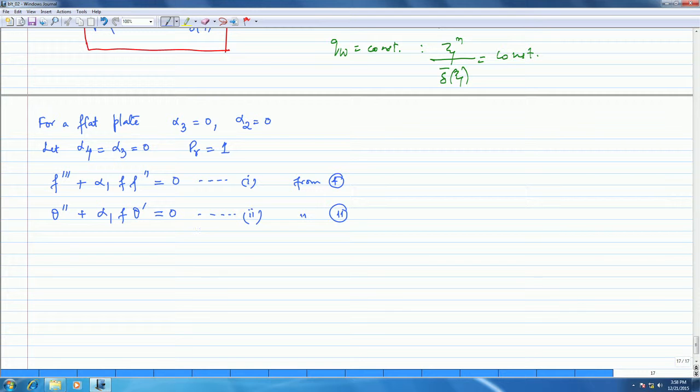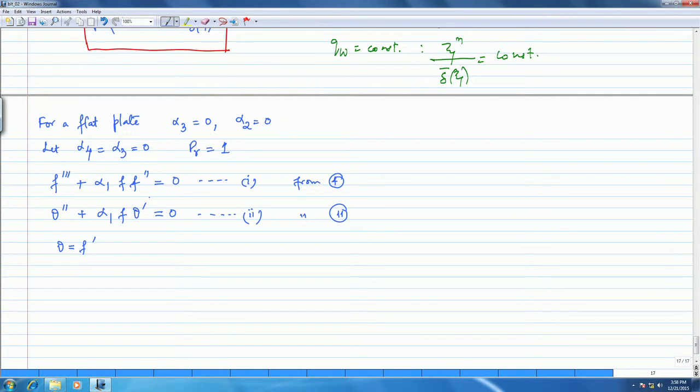From what I can see, equation 2 can be exactly equal to equation 1 if theta is equal to f dash. What I see is that we have f triple dash and theta double dash, alpha 1 f, f double dash and theta dash.